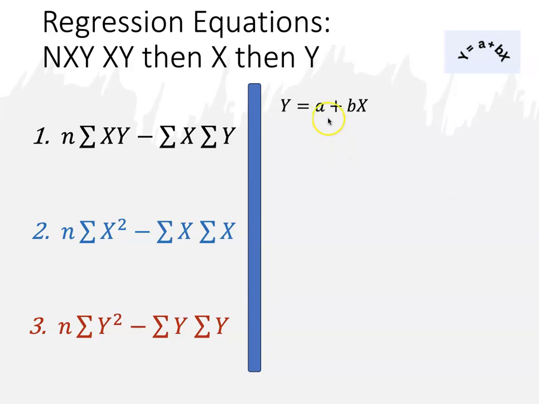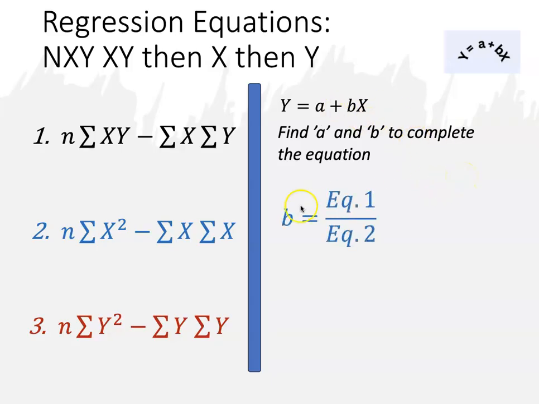So now we have our equation, which should be in the form y equals a plus bx. And we need to find the values of a and b in order to complete the equation. So b is simply the result from equation 1 divided by the result from equation 2. To find a, we start with the averages of y and x.